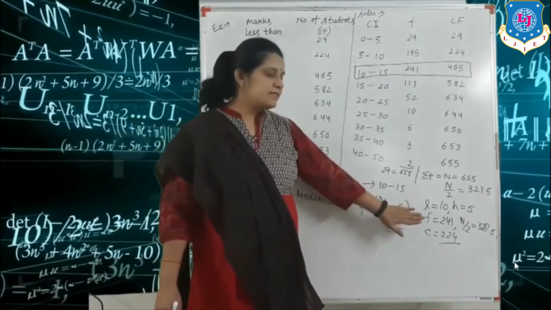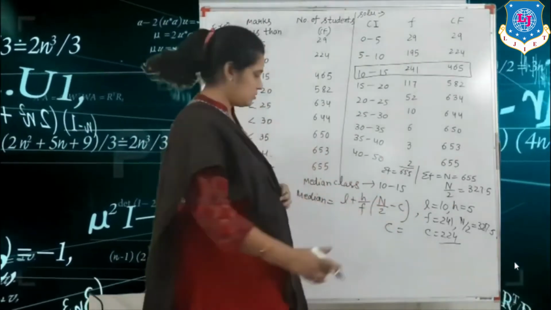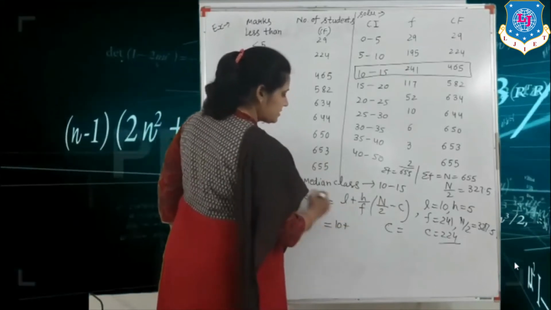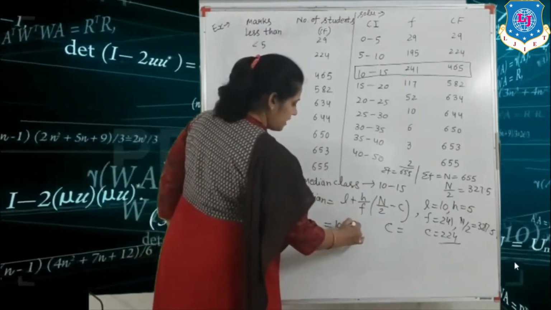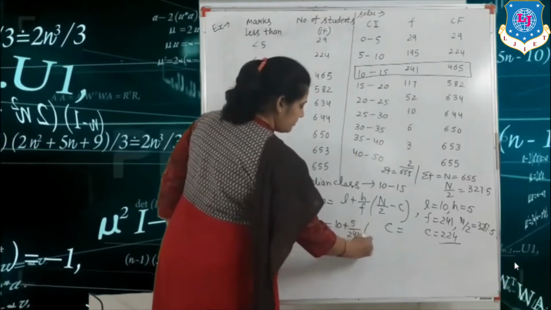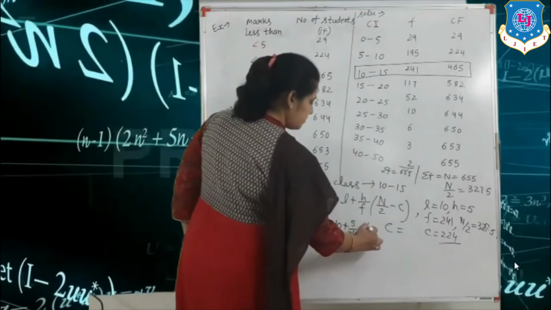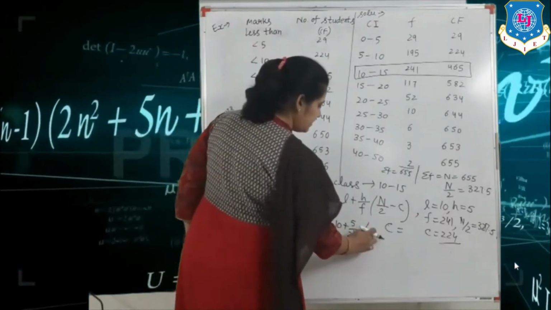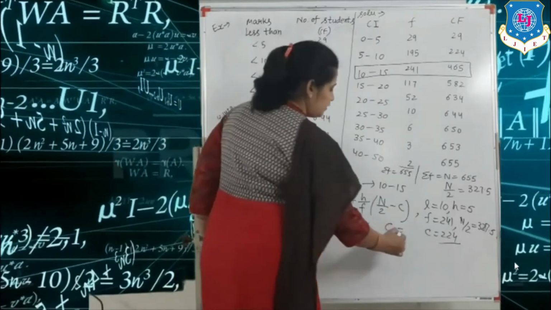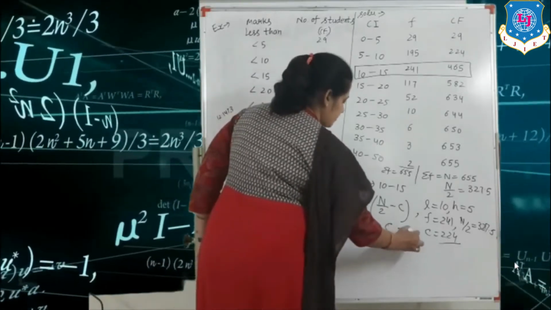So put all these values in your formula. L is equal to 10, h is equal to 5, f is equal to 241, n by 2 is equal to 327.5, and C is equal to 224.